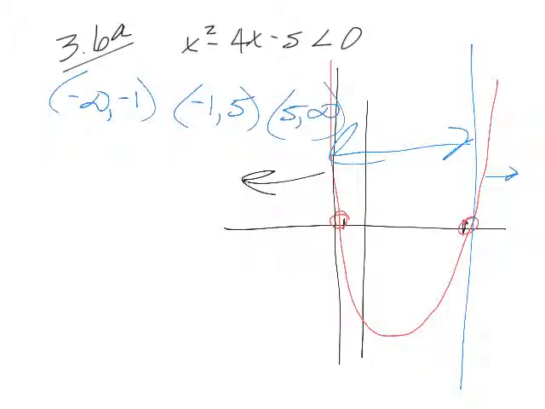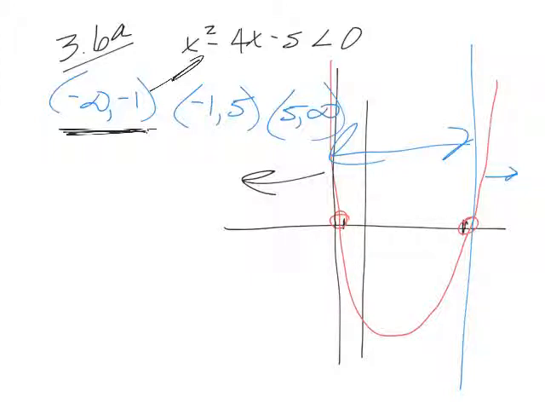So those are my three intervals that I'm interested in looking at. Now all I have to do is take a number that fits into each category, throw it into this equation, and see what I get. And again, I don't care what the answer is. All I care about is whether it's a positive or a negative sign.